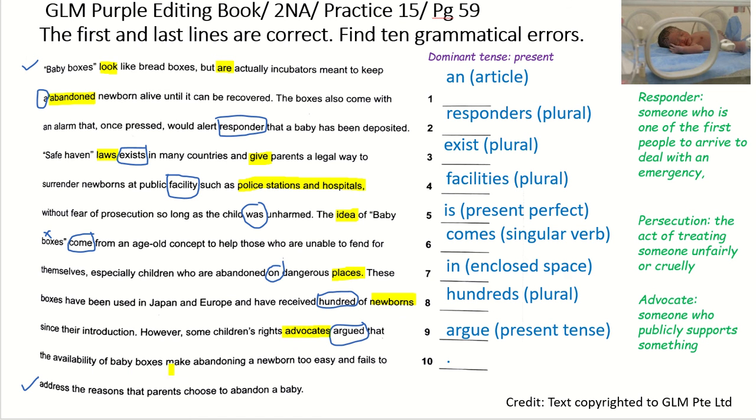Availability of baby boxes makes abandoning a newborn too easy and fails. So "fails" tells me that it is a singular verb. So which one is the subject here? Is it baby boxes? No, it's availability of baby boxes. So availability, singular subject, singular verb.